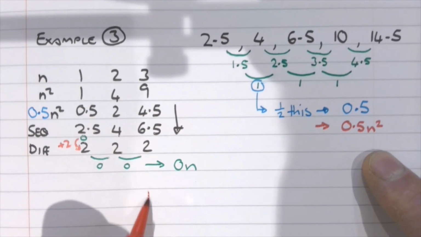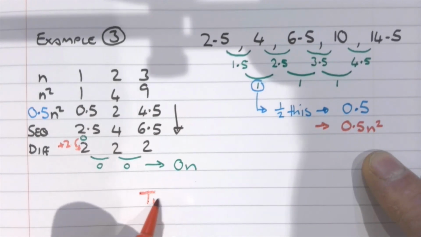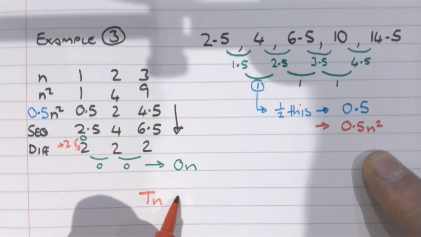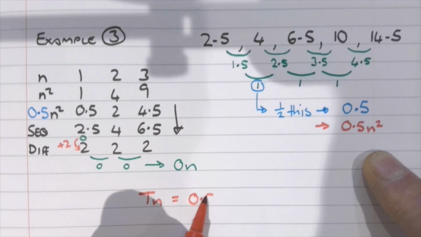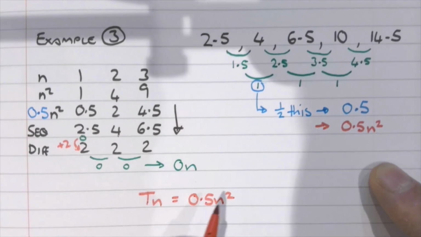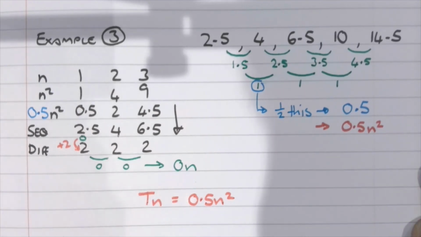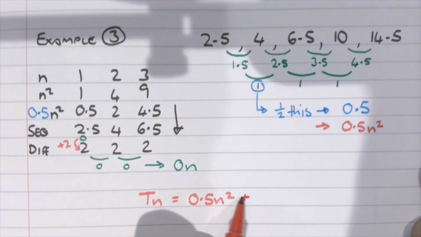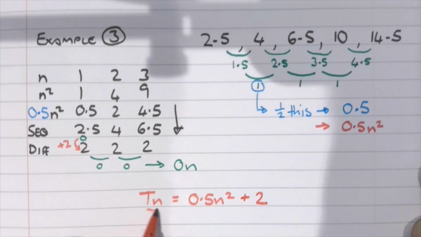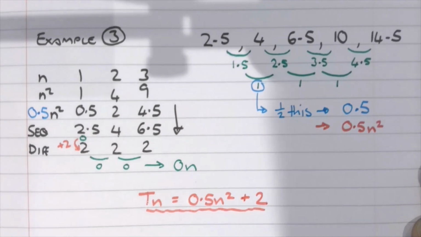So Tn, so any term n is equal to 0.5n squared. Add 0n, but you know, that's not worth anything, so we won't bother. Add 2. And we're done.